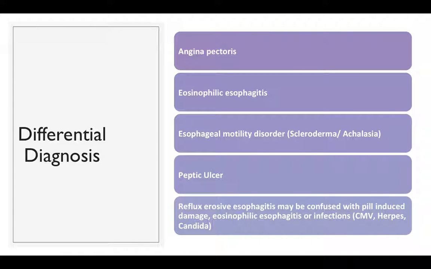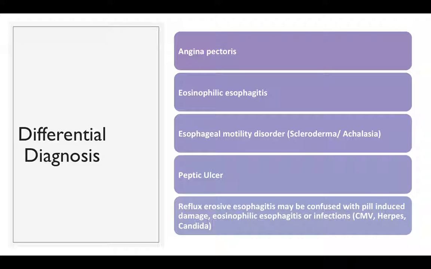Okay, so what are the differential diagnoses? Angina pectoris is a differential diagnosis. Eosinophilic esophagitis is also a differential diagnosis. Esophageal motility disorders like scleroderma and achalasia can be differentiated on the basis of manometry, and there are certain specific symptoms as well as far as achalasia is concerned.